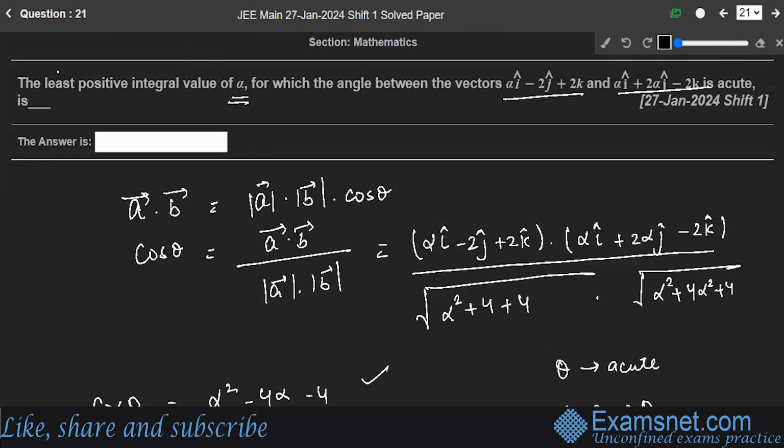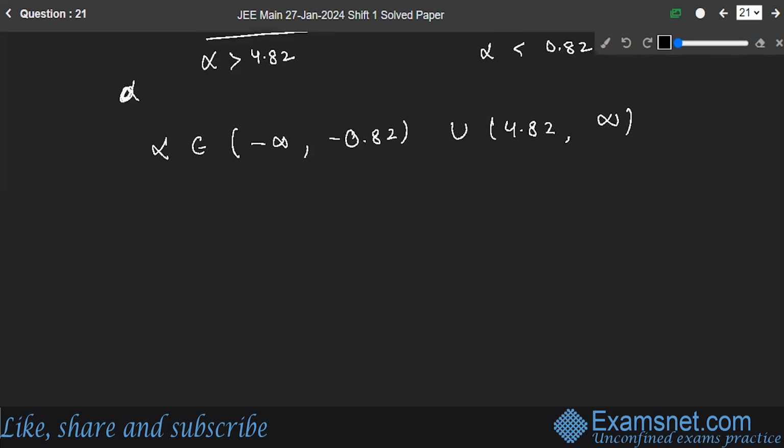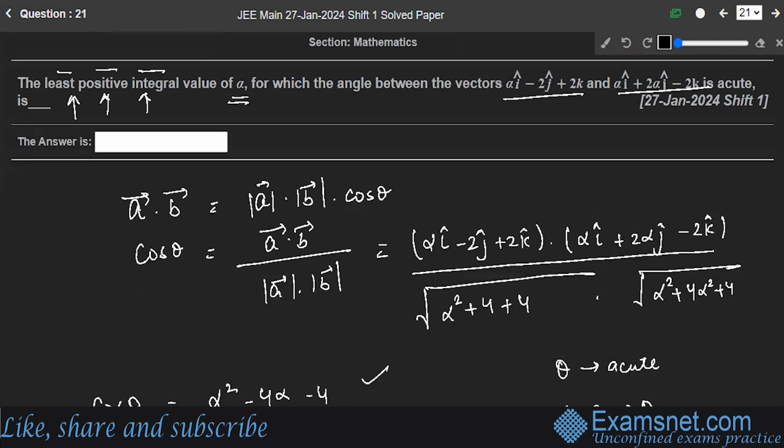First of all, you have to find the least, positive, and integral value. According to this, it will be 5 only. Alpha can be 5, because that is the least positive integral value of alpha. All right, so the answer to the question is 5. Hope you're clear with this. Let's move to the next question then.